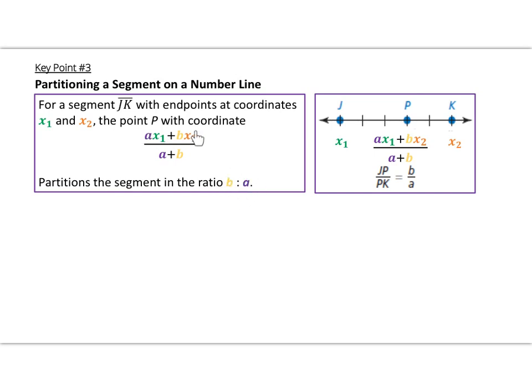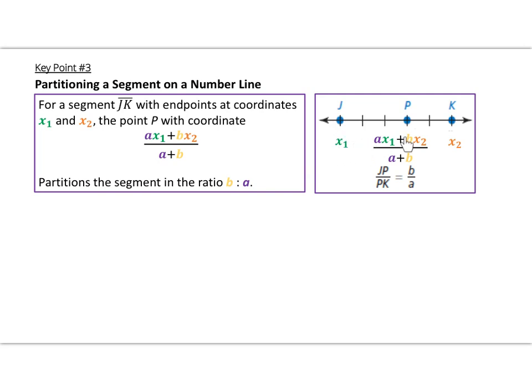So note the arrangement of our numbers. One thing that might be helpful is to know where all these numbers are going to get plugged in. We know that x1 comes before x2 when you read your number line from left to right, just like A in the alphabet comes before B in the alphabet. Well, the A part of the ratio, which is your second value, since it's a B to A ratio, is going to get multiplied by x1.